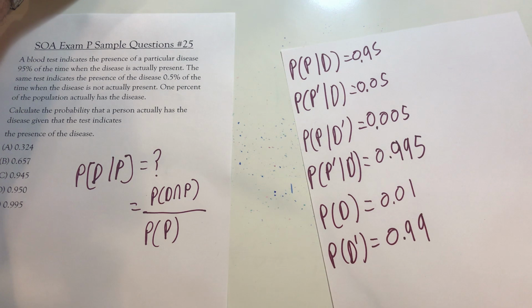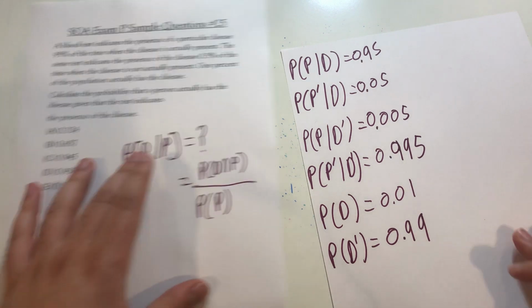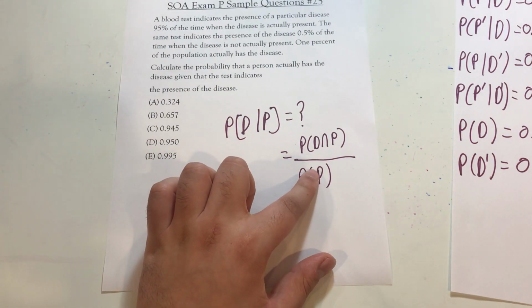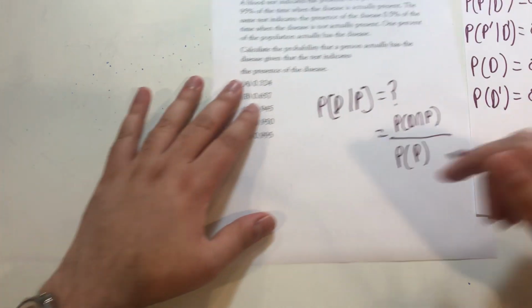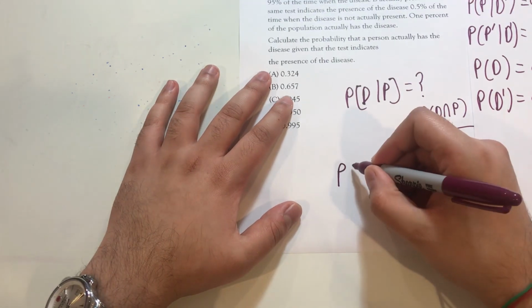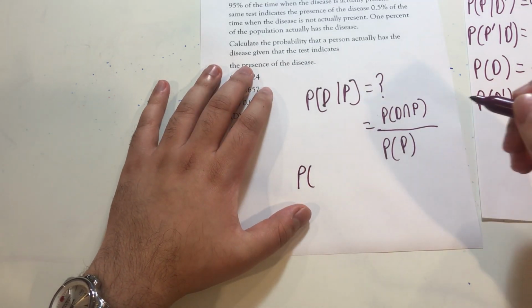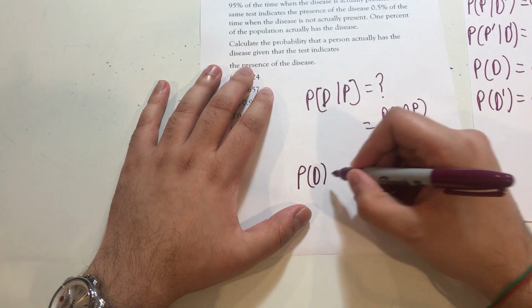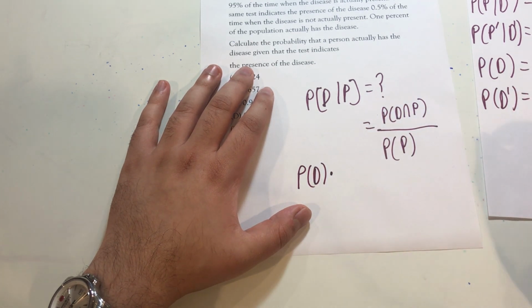Okay, so let's see how we want to organize this information. Our numerator, from Bayes' theorem, should be the probability of having the disease multiplied by the probability that somebody tests positive for the disease given that they have it.